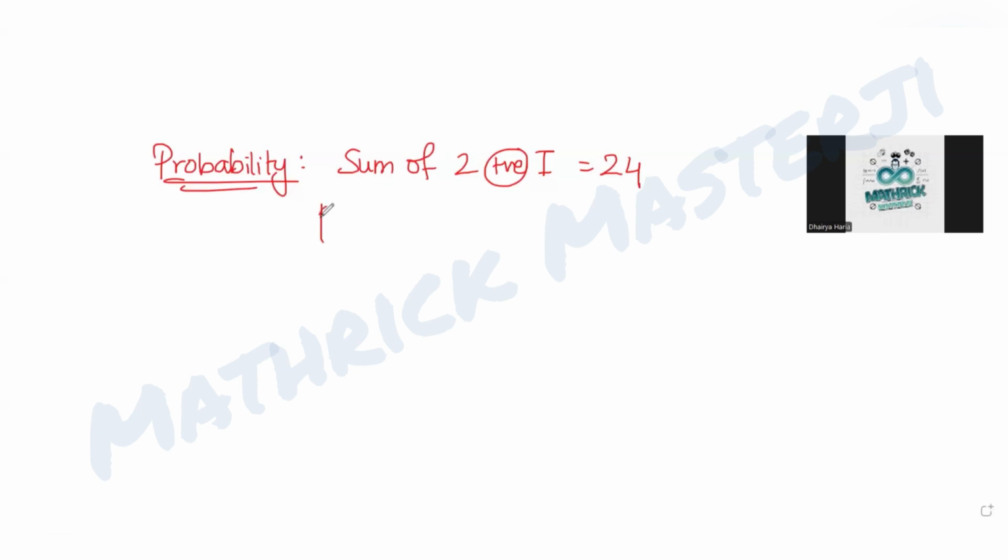Let's see today's question. Today's question we are taking up from the topic of probability. The question tells us that the sum of two positive integers is 24, and it asks for the probability that the product is not less than 3/4 times the greatest possible product of the two integers.